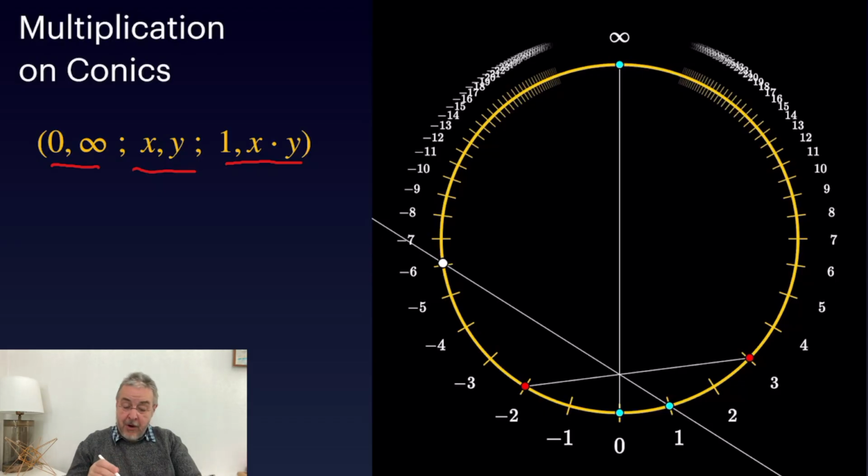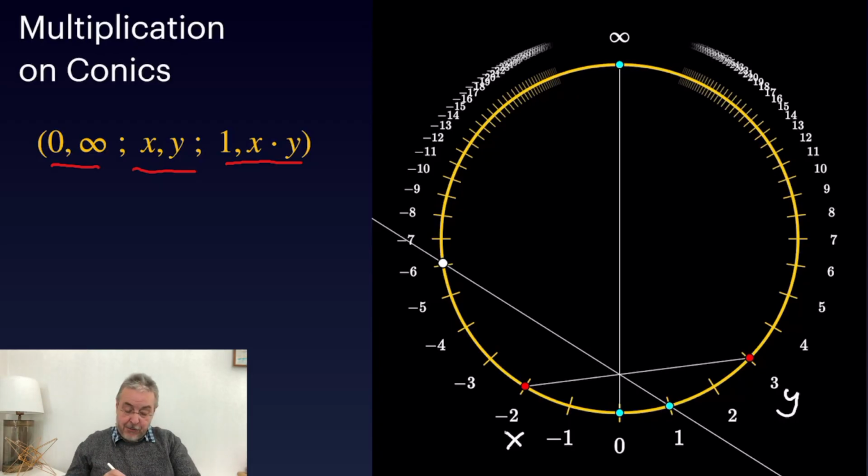So assume you are given a conic with a projective scale, and you know where your points 0, 1, and infinity are, then you can calculate the product of two points x and y, so this here is x, this here is y, by an extremely simple construction.